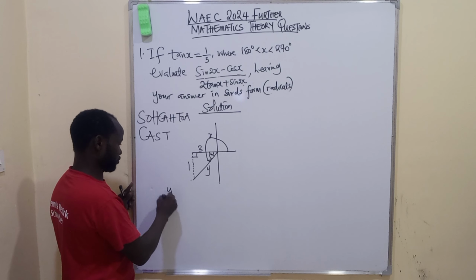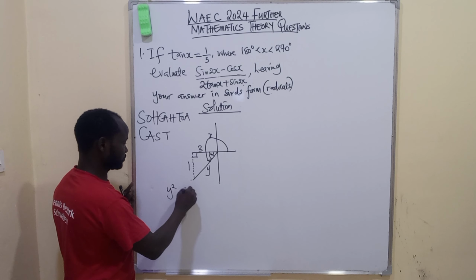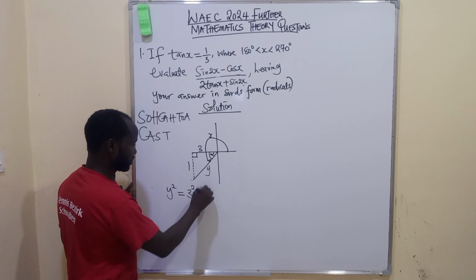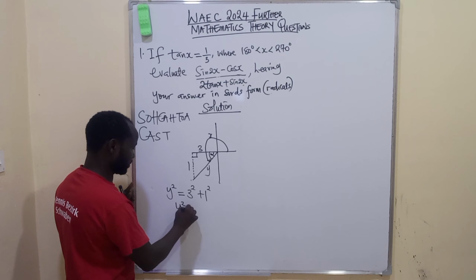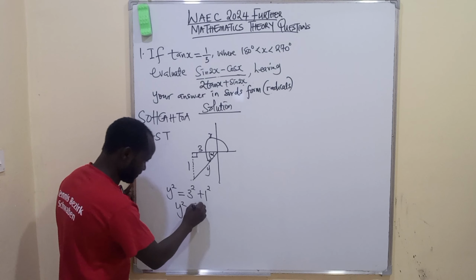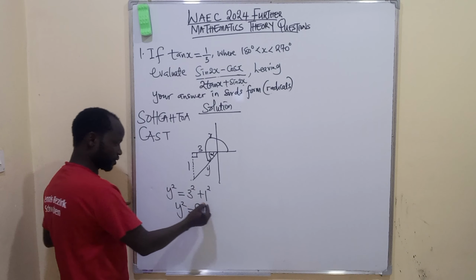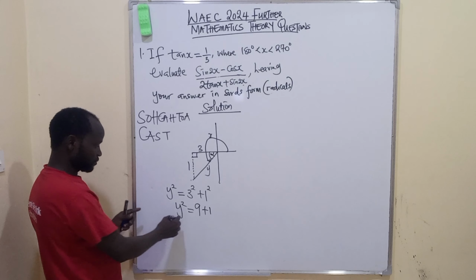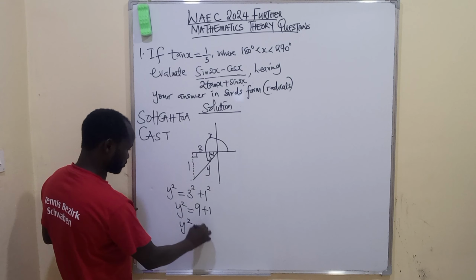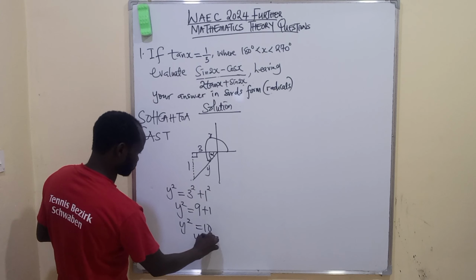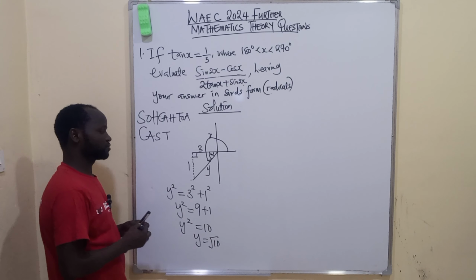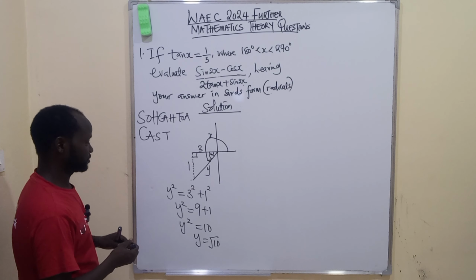So y squared equals 3 squared plus 1 squared. 3 squared is 9, plus 1 squared is 1, so y squared equals 10. Then y is root 10.